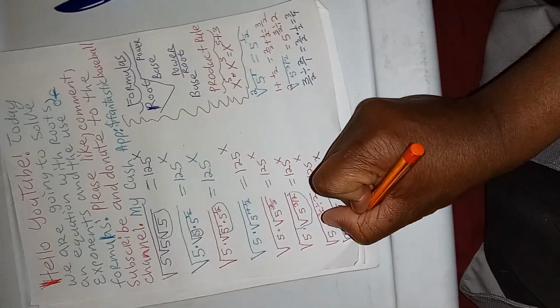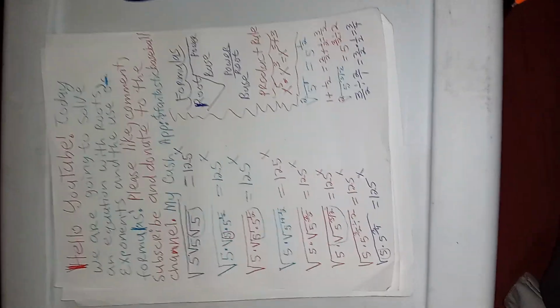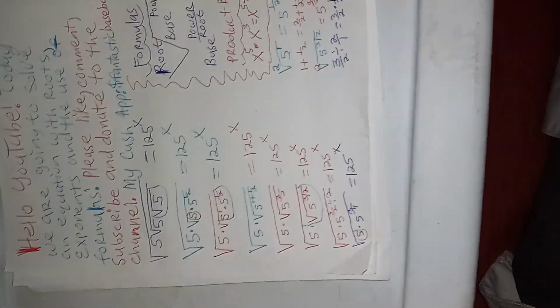Now, the next part we want to work on is this 5 here. That can be rewritten as 5 to the power of 1. Okay?